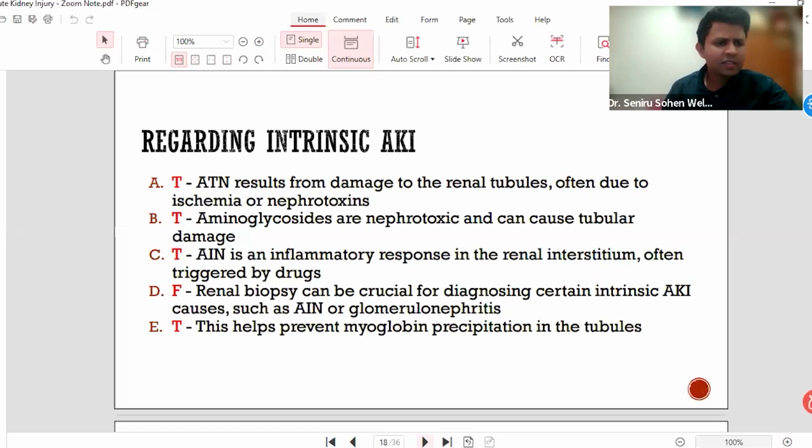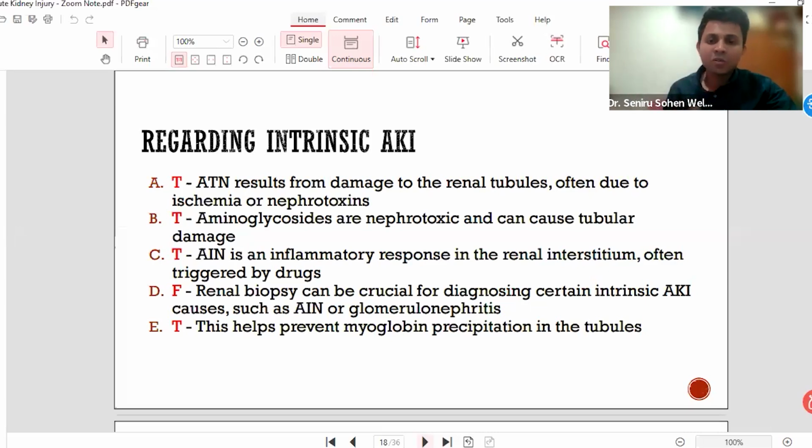Acute interstitial nephritis is often associated with an allergic reaction to medications. Yes, that is true. AIN is an inflammatory response in the renal interstitium, often triggered by drugs. Renal biopsy is rarely helpful in diagnosing intrinsic AKI. Yes. Invasive procedures like renal biopsy should only be performed if the history, physical examination, ultrasound imaging, and other laboratory features do not arrive at a specific cause for the AKI.